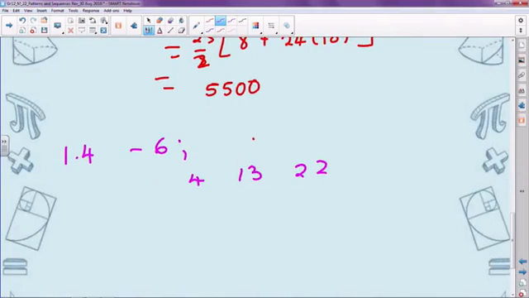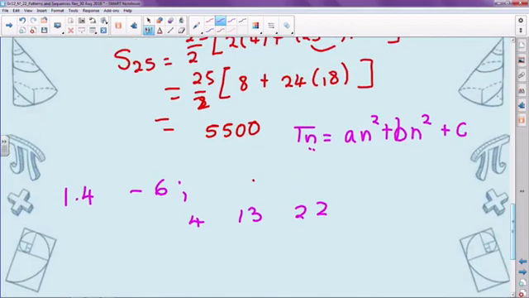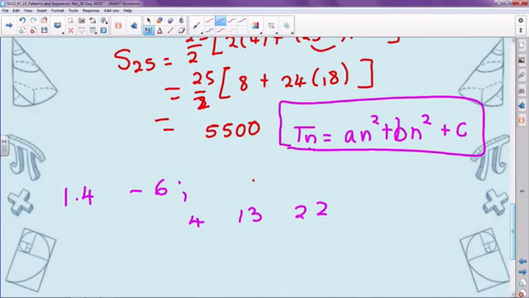Now, for me to get to a point where I can use the general form of a quadratic sequence, which is Tn is equal to an squared plus bn plus c, I need to figure out what the other terms are, maybe 3, maybe 2, but we need to go further than -6. We need at least 2 more terms so that we can work with this general formula. All right? How do we find the other 2 terms?